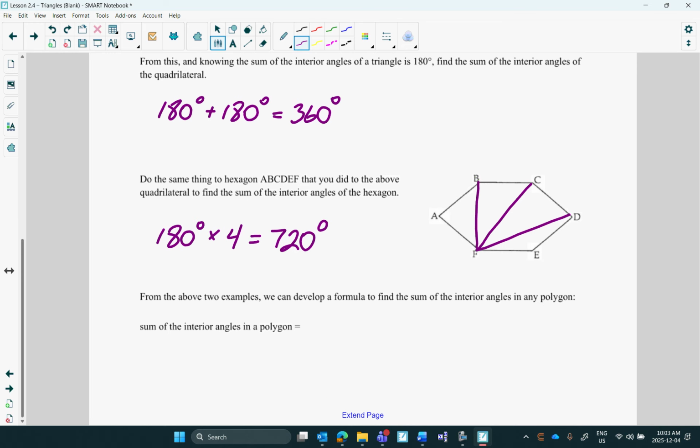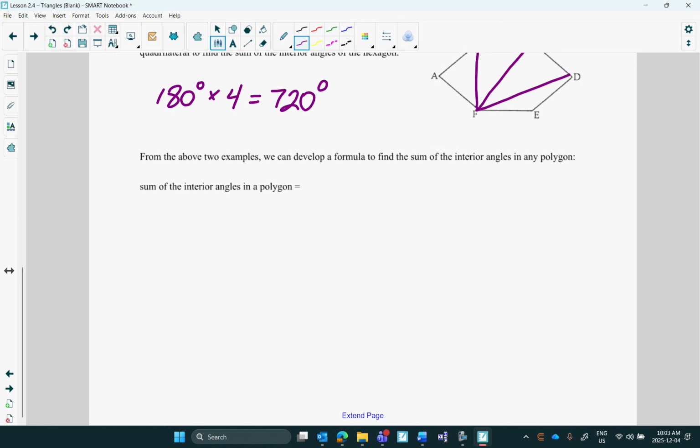So from that, we can get a formula. We take the number of sides minus 2 times 180 degrees, where n is the number of sides.